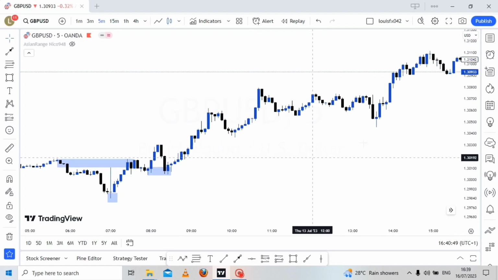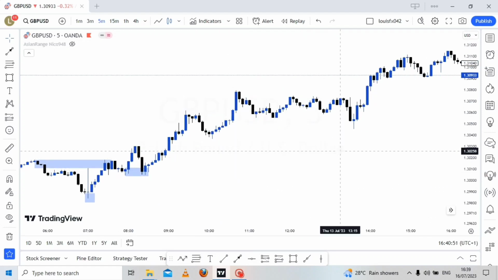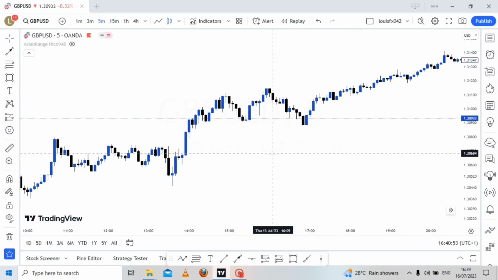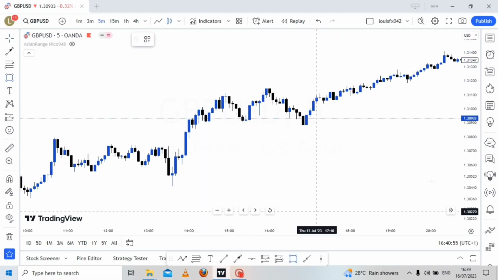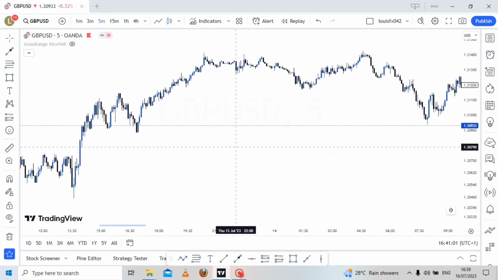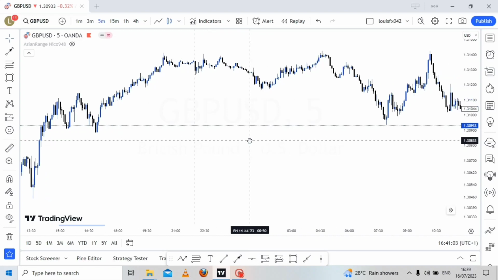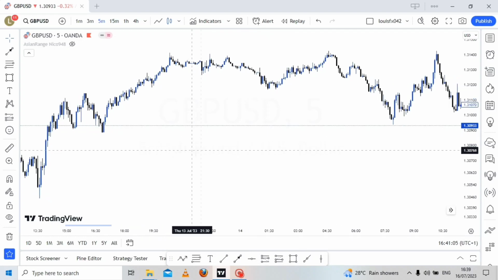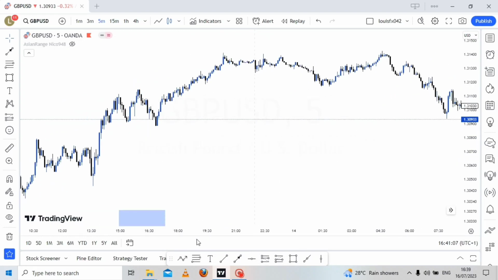So basically, you can see the market is bullish, and we can see the market respecting all demand levels. So let me just use this one here as an example. This is what happened on Friday. The market expanded from this region here.